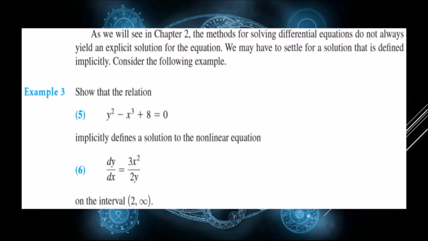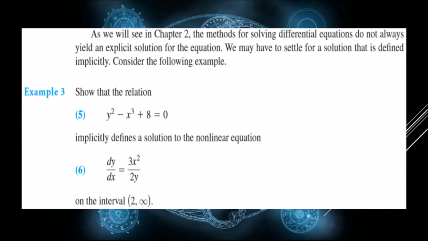As we will see in chapter 2, the methods for solving differential equations do not always yield an explicit solution for the equation. We may have to settle for a solution that is defined implicitly. So we consider the following example.